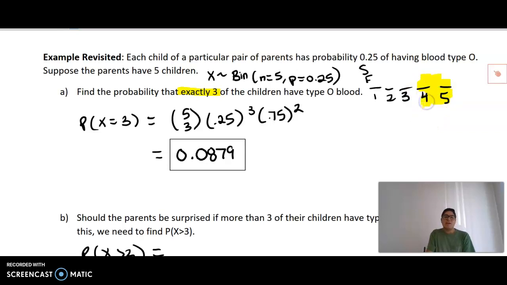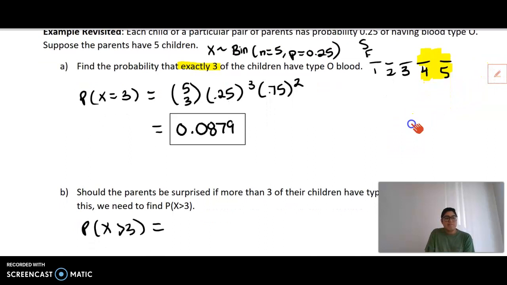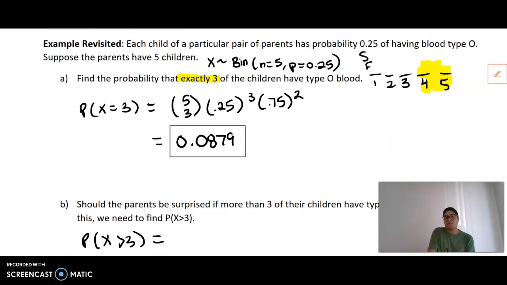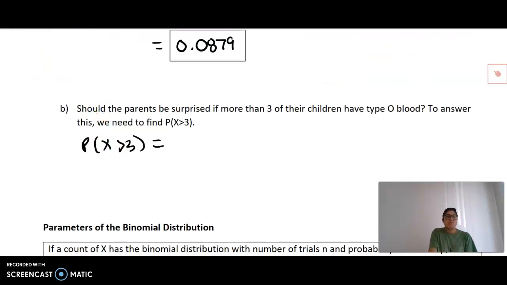That there's more than 3 kids that have it. That means that either 4 of my children have it, or even all 5 of my children have it. So I don't care which ones have it, I just care how many. So in this next scenario, we're looking at the probability that either 4 have them or 5 have them.